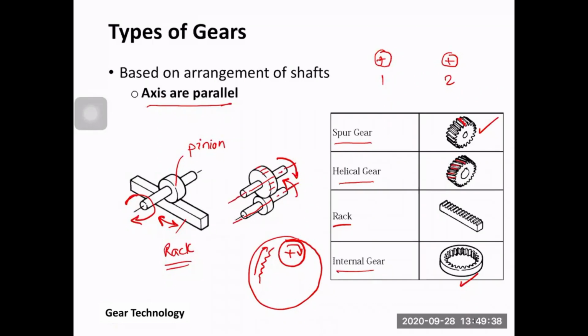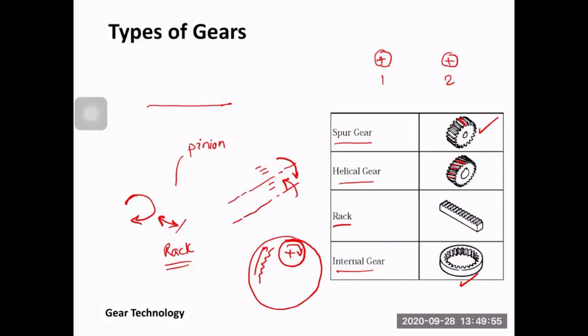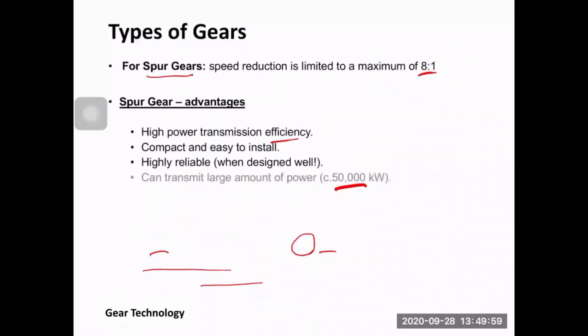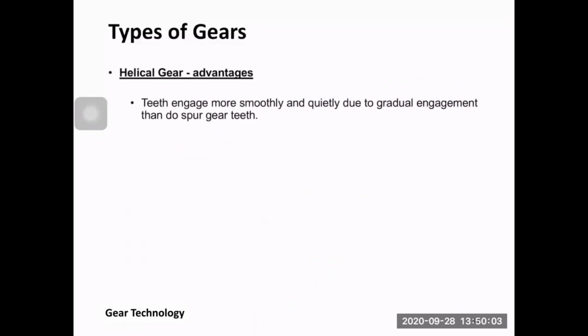But for a helical gear, the contact between the two teeth is gradual. They mesh with each other gradually, point by point. But for the spur gear, the engagement is on a line. That's why it produces some noise compared to the other one.